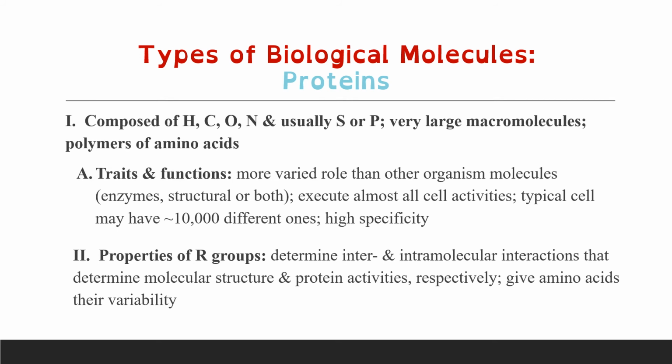So the properties of the R groups or side chains are determined as inter or intramolecular interactions that determine molecular structure and protein activities respectively. It gives the amino acids their variability.